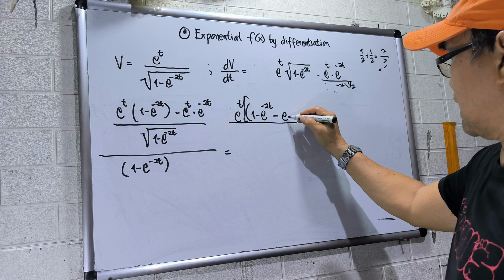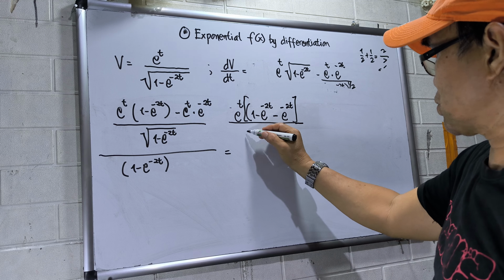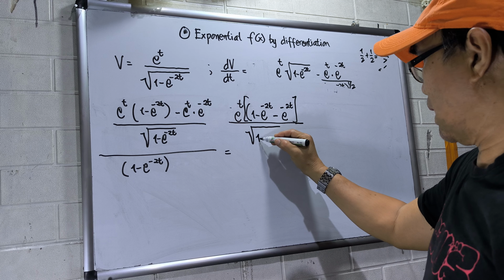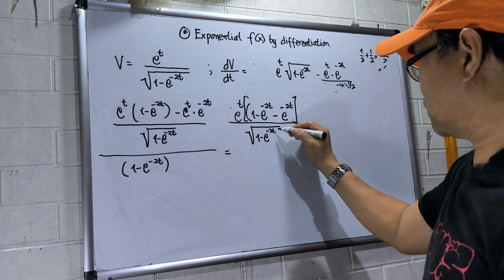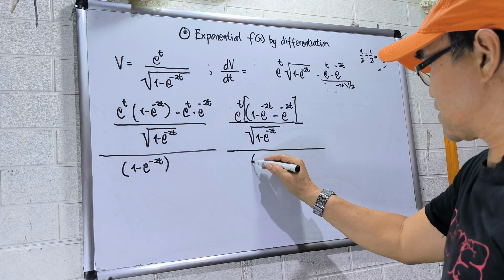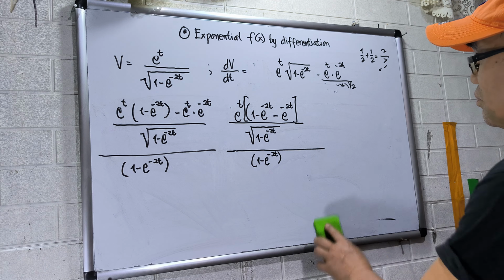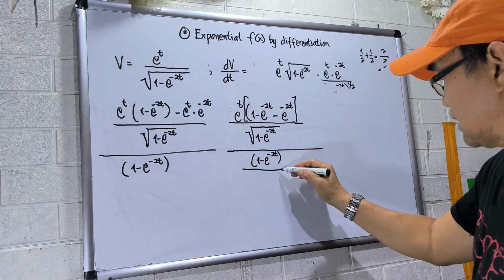Then minus e raised to the negative 2t. Okay? Then this will be the square root of 1 minus e raised to the negative 2t, then all over 1 minus e raised to the negative 2t. Okay? So take note, there is 1 in here, right?